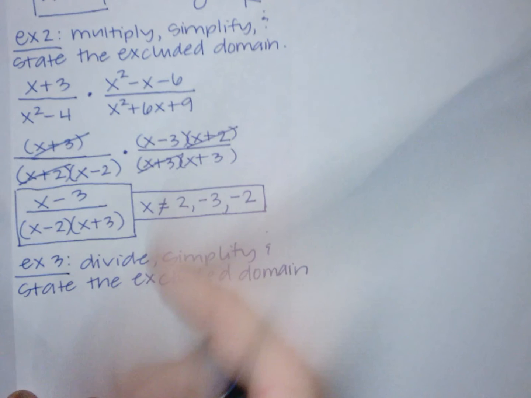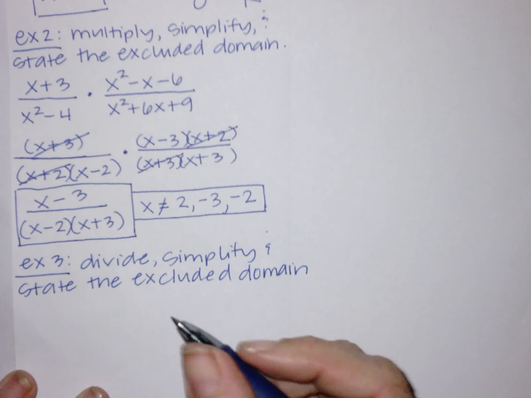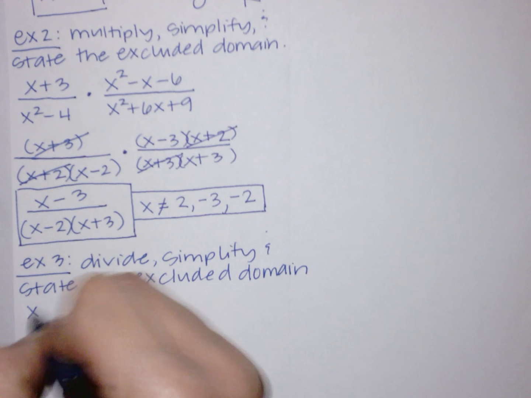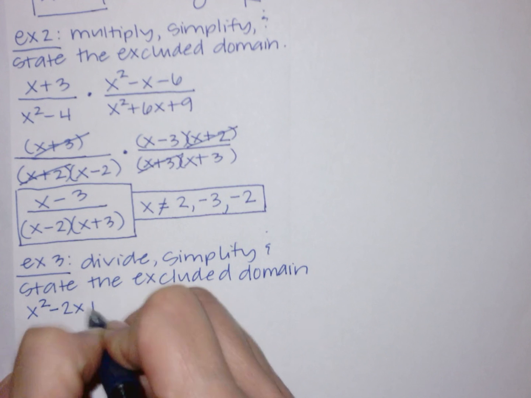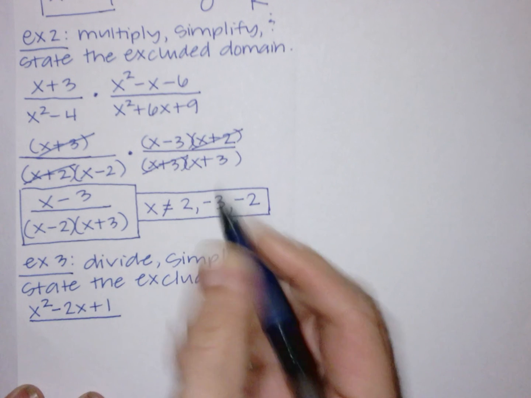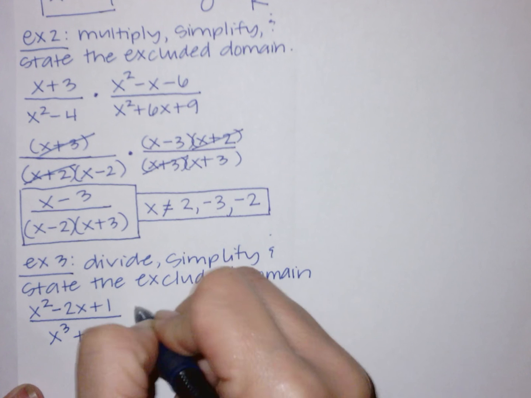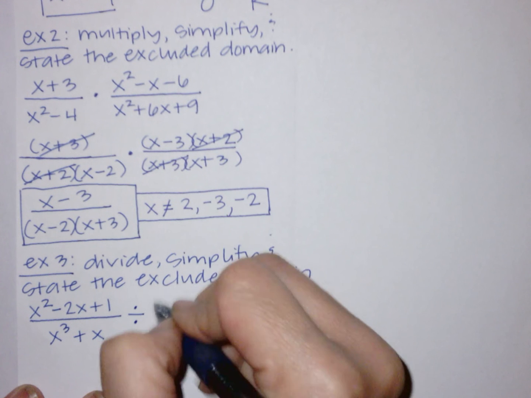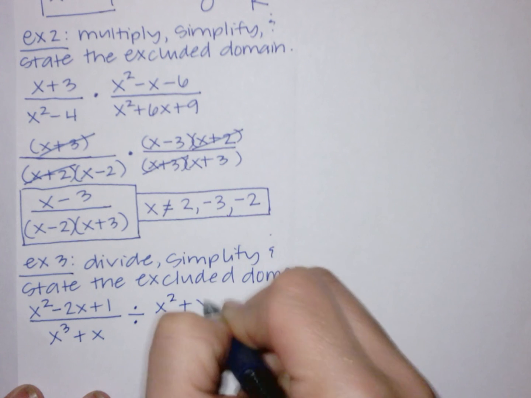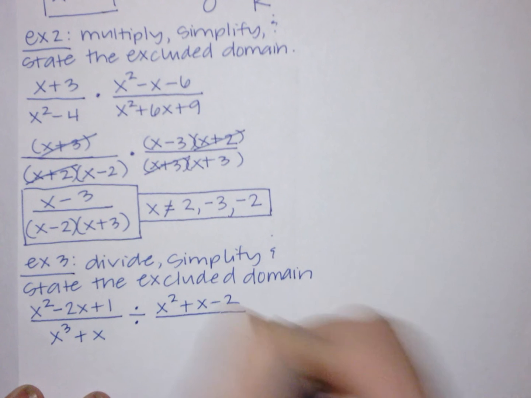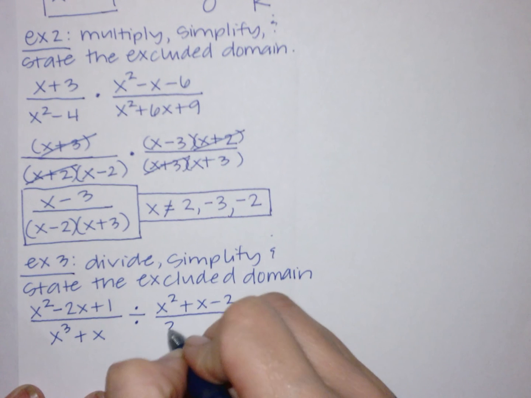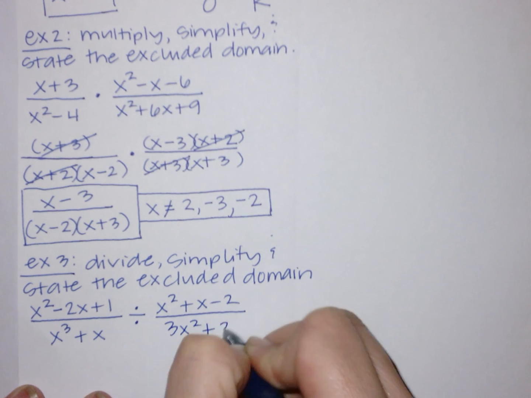So we are going to be dividing x squared minus 2x plus 1 all over x cubed plus x divided by x squared plus x minus 2 all over 3x squared plus 3.